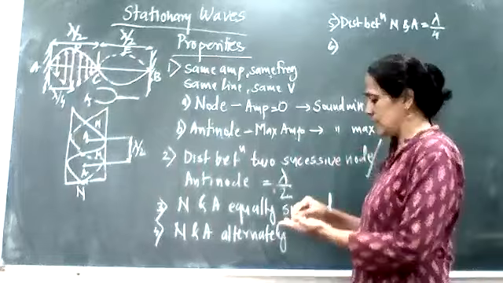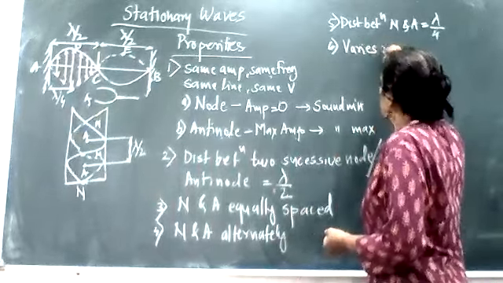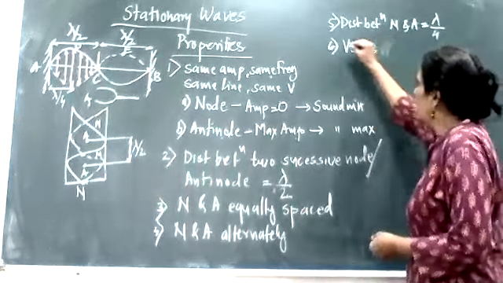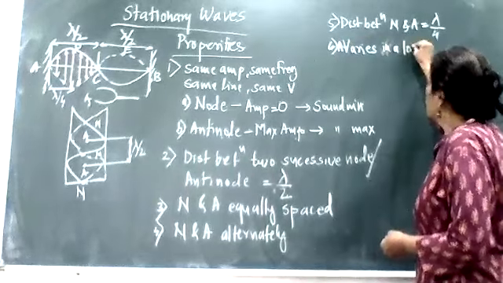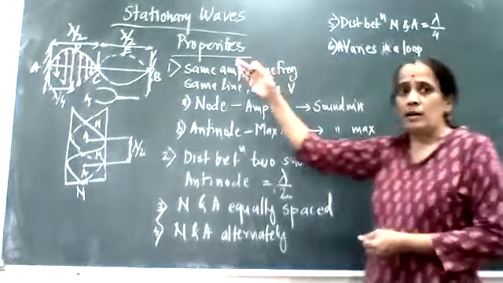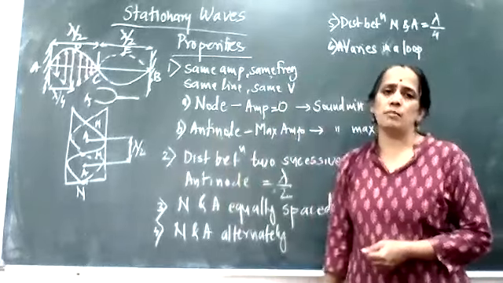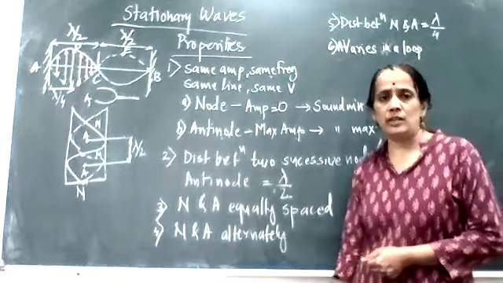So amplitude varies in a loop from minimum to maximum, maximum to minimum. So there is a variation of amplitude.